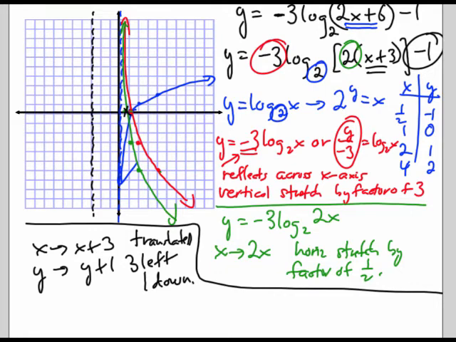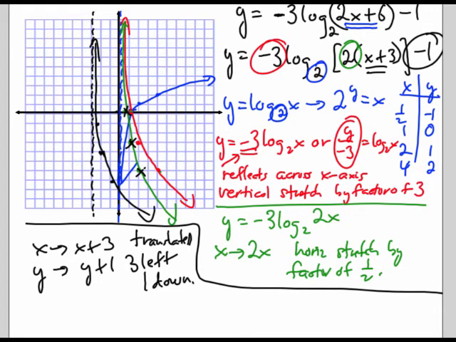So this point right here that I've starred, that was an x coordinate of a half. It's moving 3 over and 1 down, so it's landing there. This value here, 3 left, 1 down, it's landing there. This point here, 3 left, 1 down. And so my graph looks something like that.